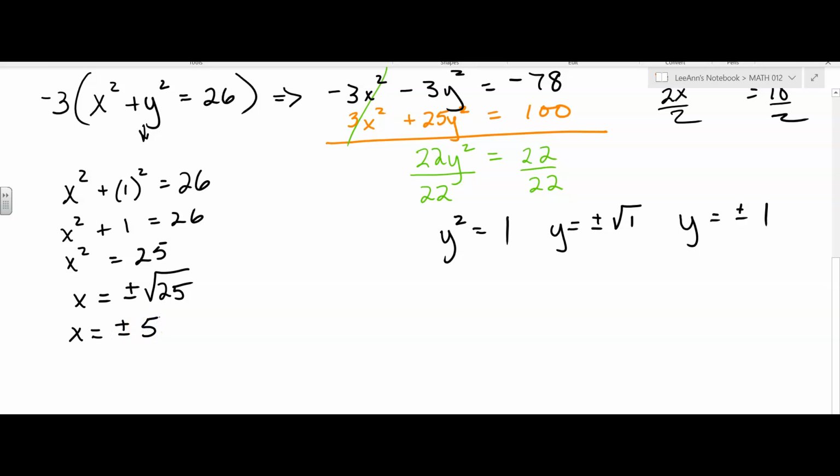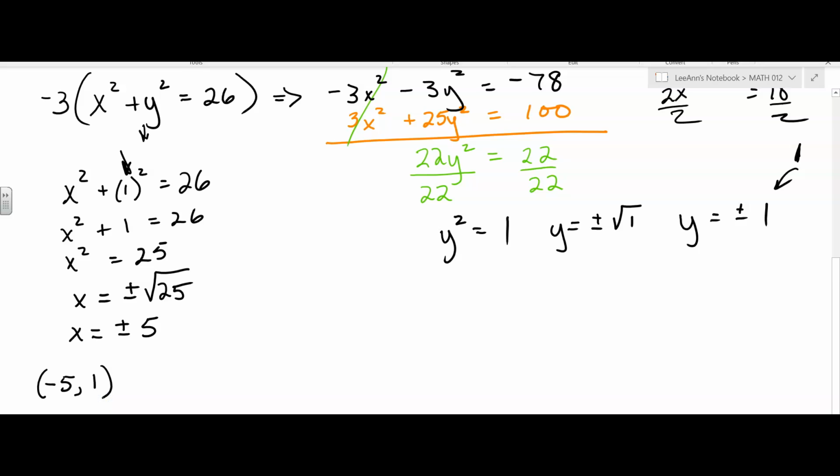Now, here's something you have to realize. That was when we put in the positive 1. We used 1. It's right there. That was the 1. And so what do we get? We get 1 matching with, oops, that was a y value, not an x value. So we get an x value of, I'll do the negative first, negative 5, comma 1.